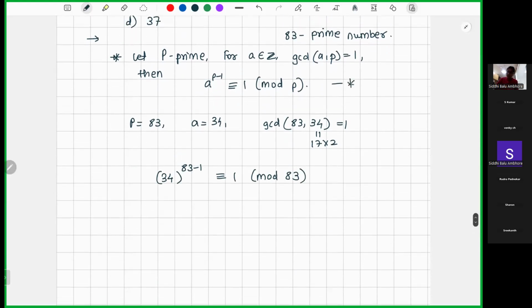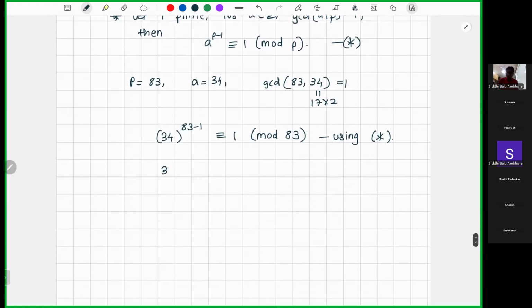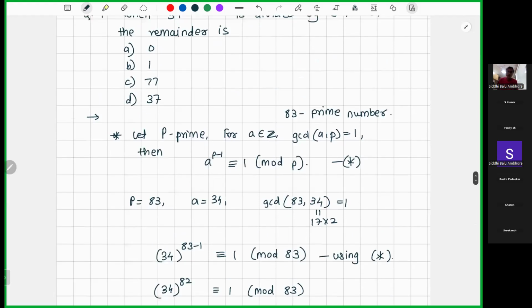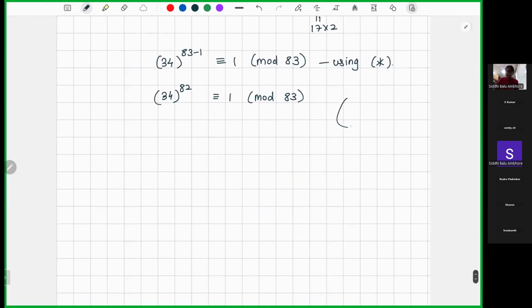If I call this star, then using star we have 34 power 82 congruent to 1 mod 83. Also note that the power required is 82248.